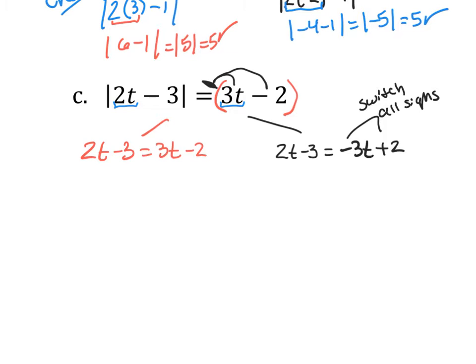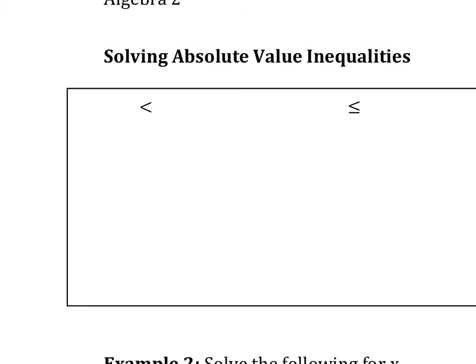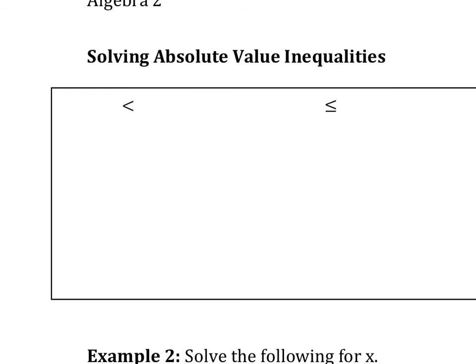Okay, so these were all equations where we had that equal sign. Now we're going to talk about inequalities. So a couple things with inequalities, we have a couple options. We have either less than, or less than or equal to, or greater than or equal to.